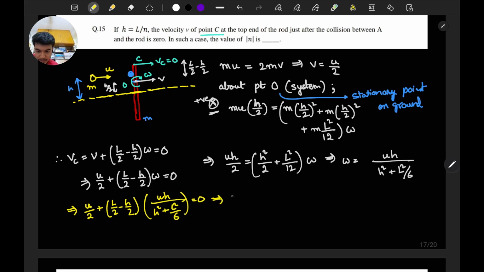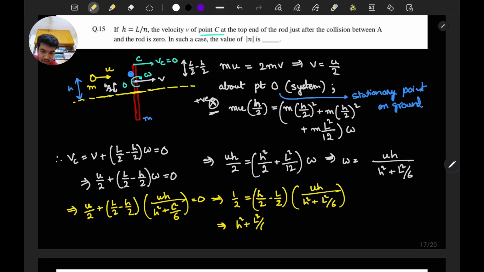it's quite big to be honest. I have to simplify this equation a little bit. If I take this side, it would be half equal to (h by 2 minus L by 2) into h^2 plus L^2/6.